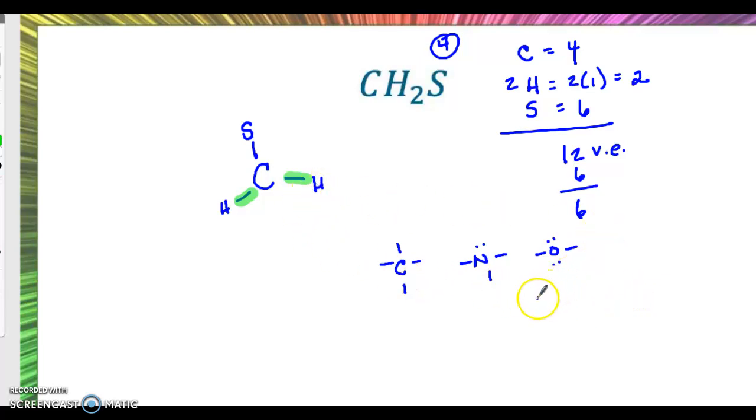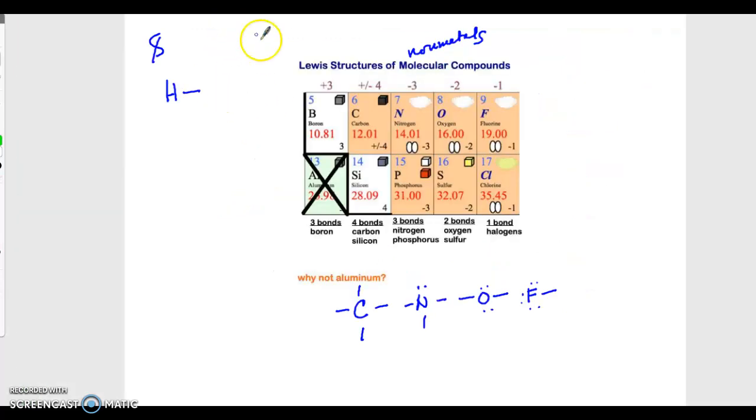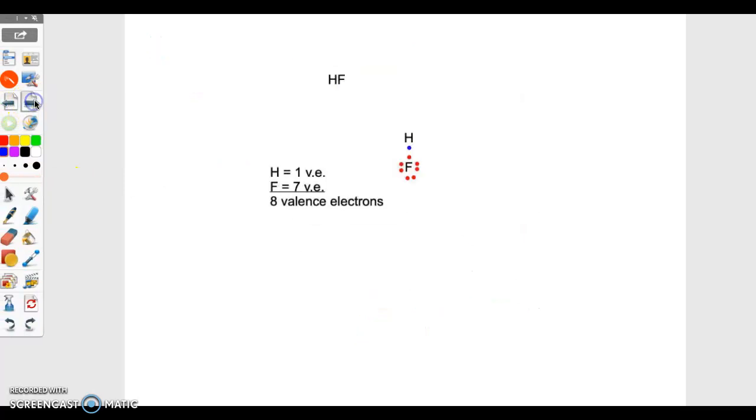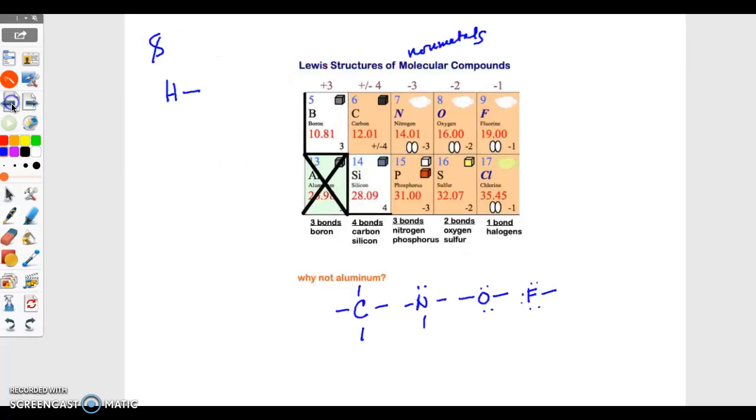All right, sulfur, I'll just draw this as sulfur too, because it behaves just like oxygen in terms of bonding. Sulfur doesn't have anything else to bond to, right? It's on the end. There is nothing over here for sulfur to attach itself to. This brings up the concept of multiple bonds.